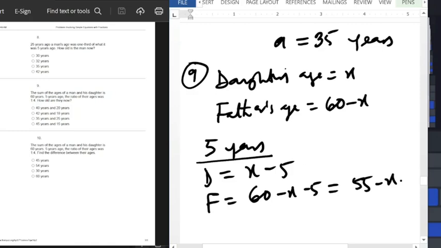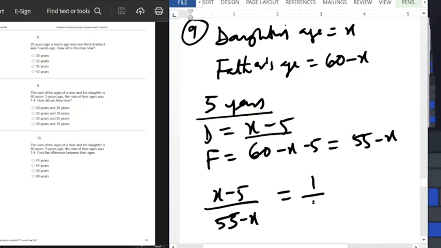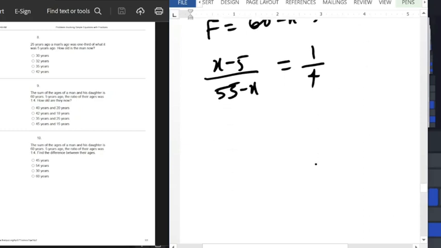The ratio of their ages was 1 to 4. So the ratio of daughter to father is x minus 5 all over 55 minus x equals 1 to 4. How old are they now? How old is the father? How old is the daughter? From here we cross multiply: 4 into x minus 5 equals 55 minus x.